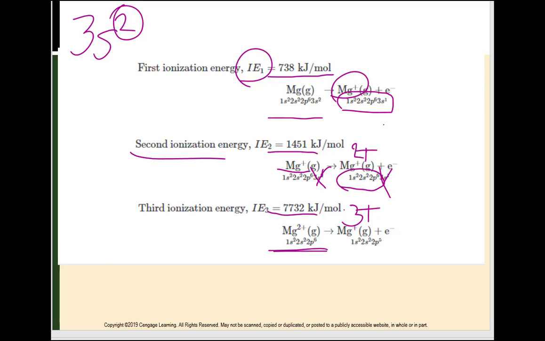Notice that it takes almost 8,000 kilojoules, because that is a very strongly held together ion, right? Noble gas, very, very stable. So to remove one of those is a large increase for removing that electron from the outermost valence shell.